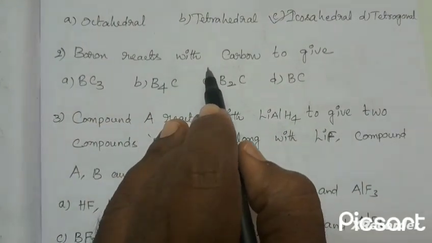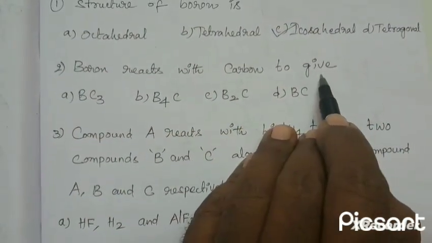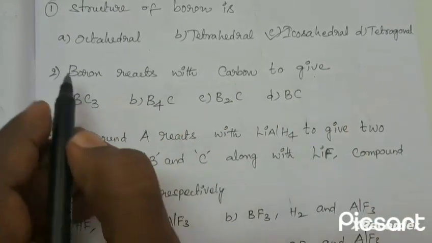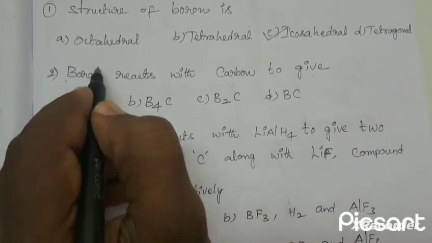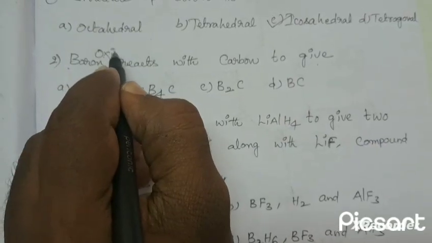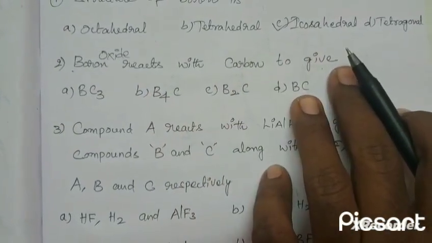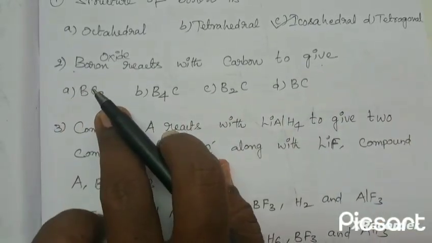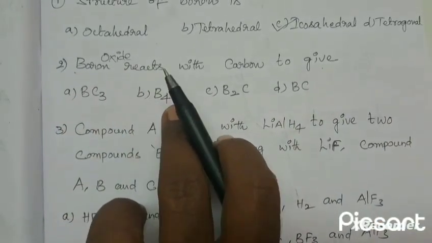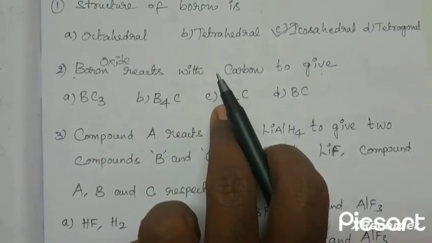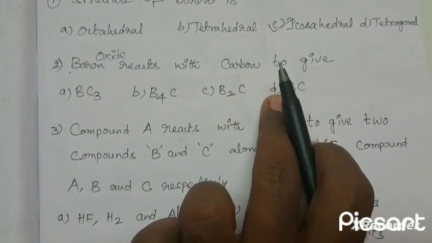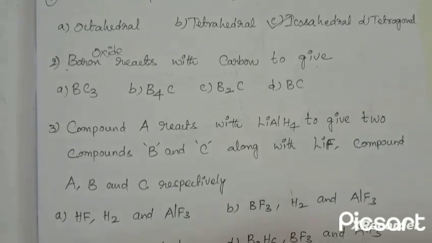Boron reacts with carbon to give. Here the question is that boron oxide, not boron, boron oxide reacts with carbon to give option A BC3, option B B4C, option C B2C, option D BC.